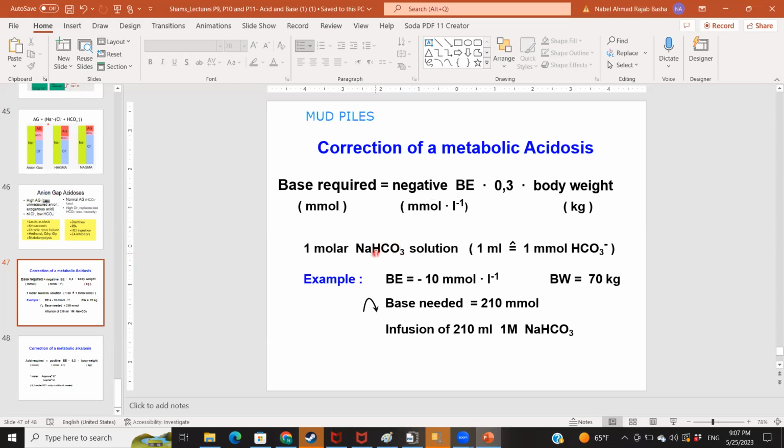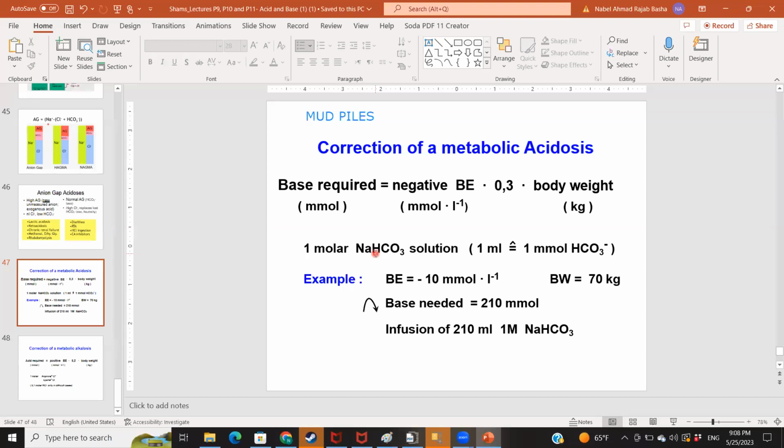This is at the lab level. But you can go over these equations. I don't think they are important. Sodium bicarbonate in clinical practice, we only use it when pH goes down to 6.8 or 6.9, which are very critical levels.